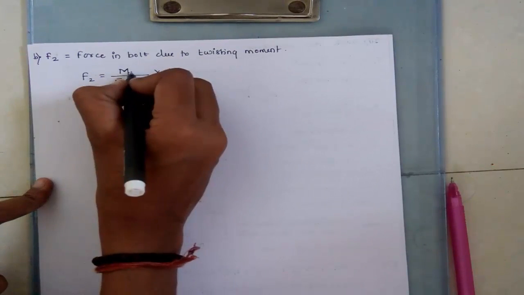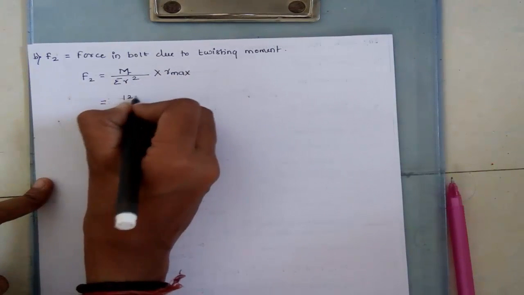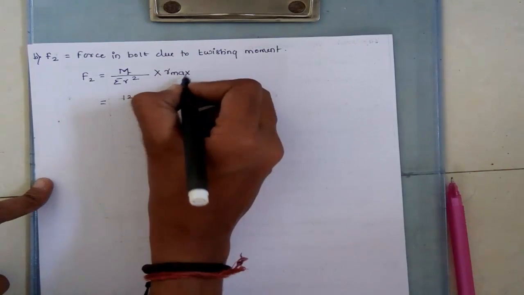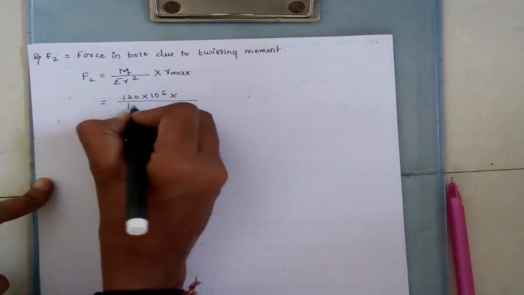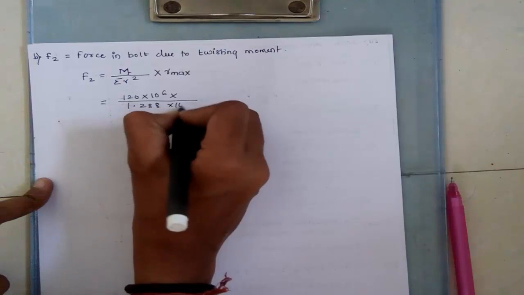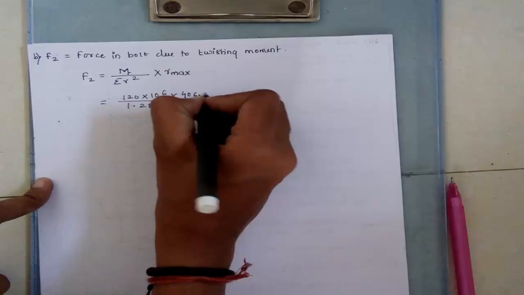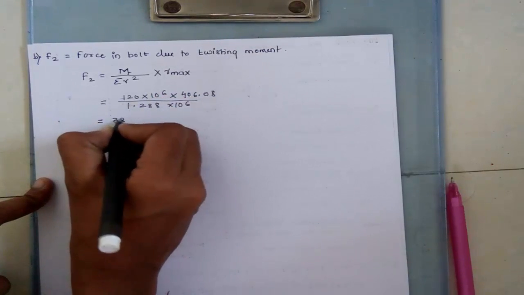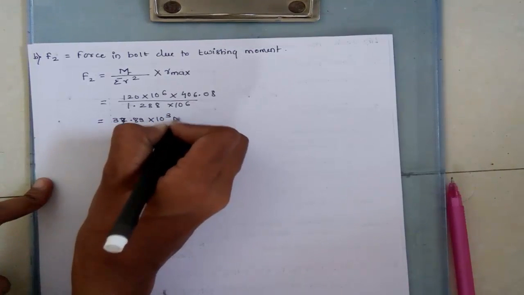This M is for the moment. Moment equals to 120 into 10 to the power 3, summation of R square we already calculated, 1.288 into 10 to the power 6, R max equals to 406.08. After the calculation, we get 37.83 into 10 to the power 3 Newton.